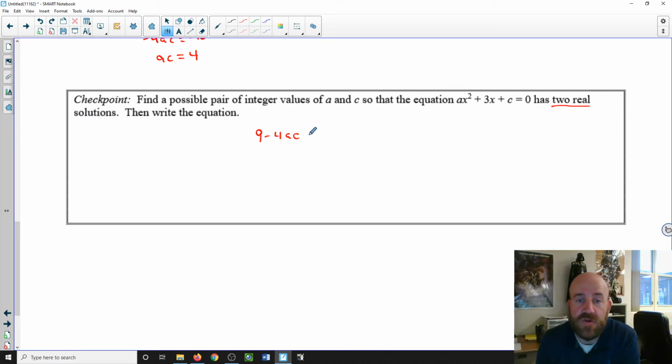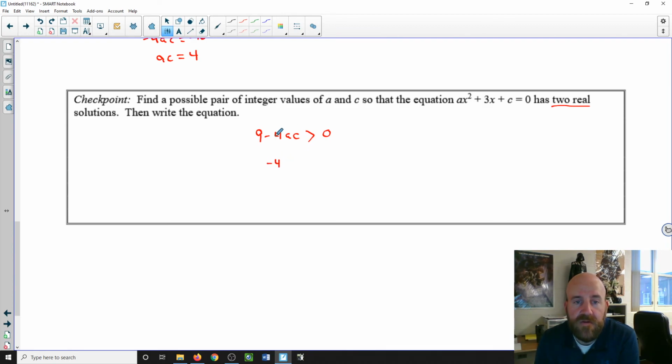So two real solutions means that this has to be greater than 0, positive number after we simplify this, if we knew what our a and c were. Okay, so move the 9 over. Actually, we'll move the 9.